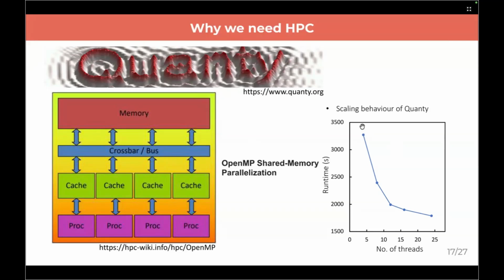If you look at the scaling behavior of Quanty, although here I use a small system just to benchmark it, you can see that by using multiple threads, you can greatly decrease the computational time you need for one single calculation.